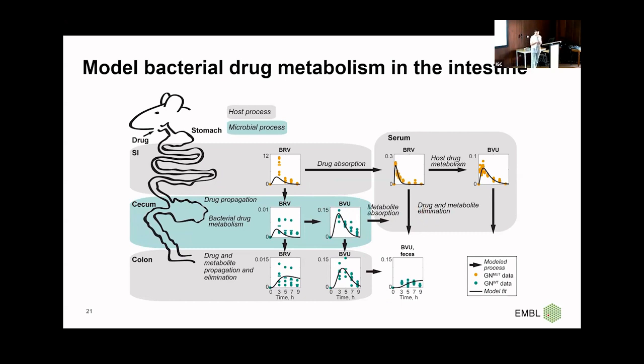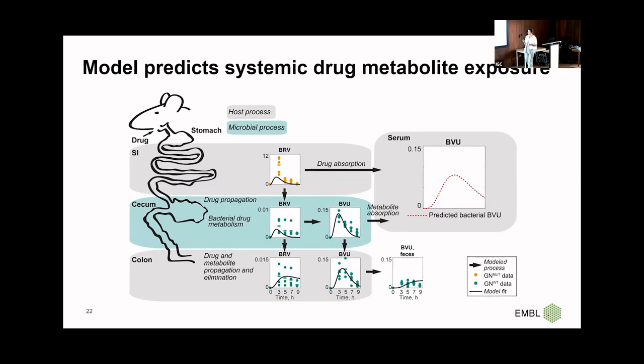So, as I said, we fitted the host parameters with the data from mutant colonized mice, and we used the data from wild-type colonized mice alone to parameterize the microbial parts of this drug metabolism. And this model allowed us to predict how much of the bacterially produced drug metabolite will be absorbed into the systemic circulation.